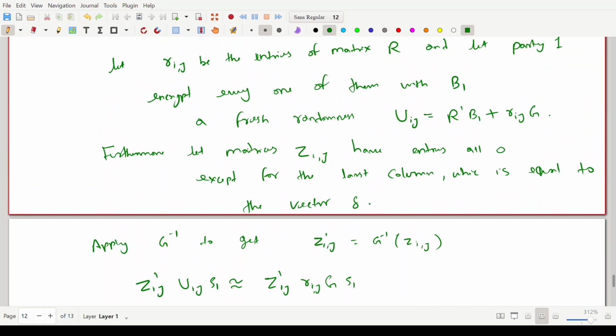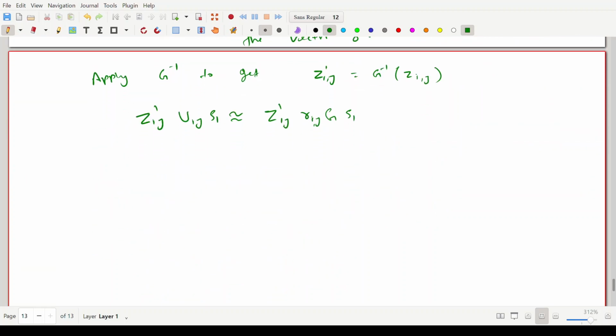Look at your uij. That's why I'm writing similar to. This is an error term, so this won't be having rij into g. Okay. Now this is similar to, I can take this rij out.